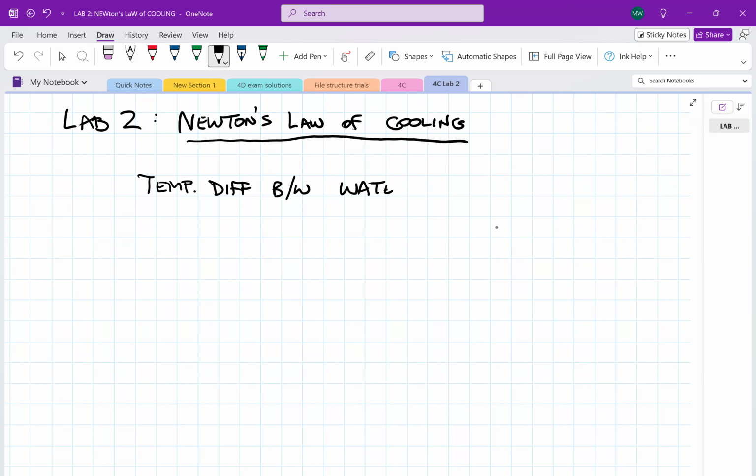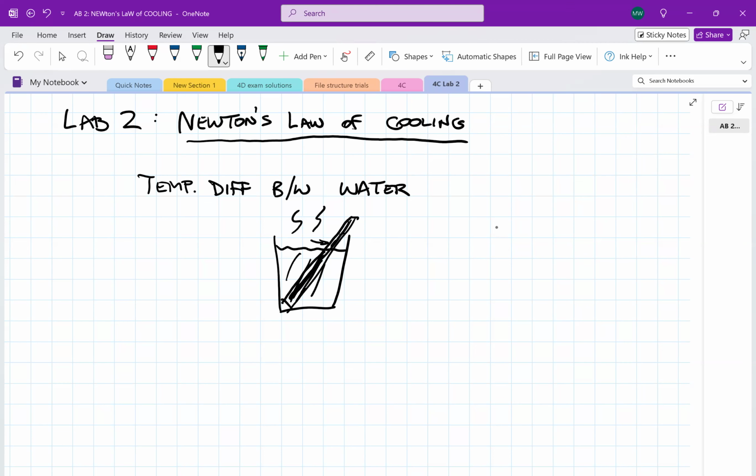Assume, for example, that we have the hot cup of water with our thermometer in it, reading whatever it's reading.